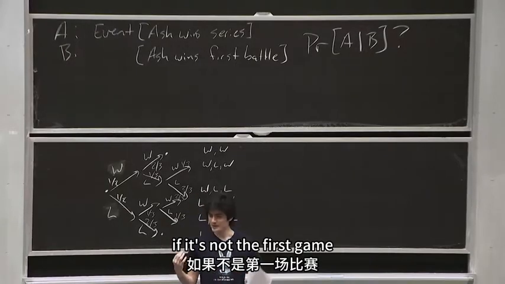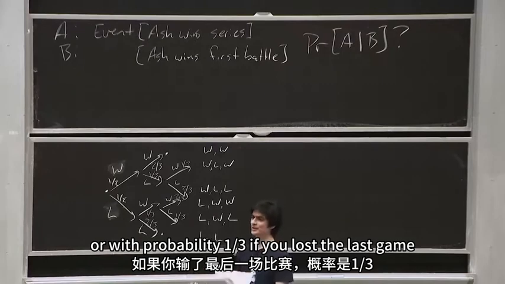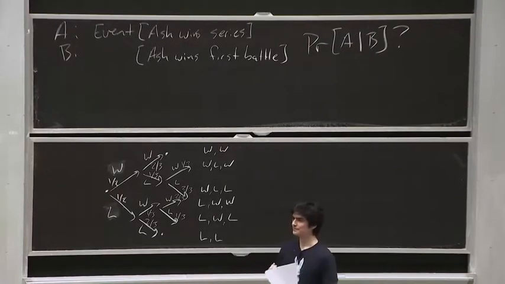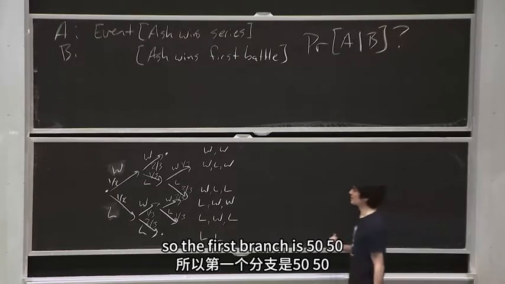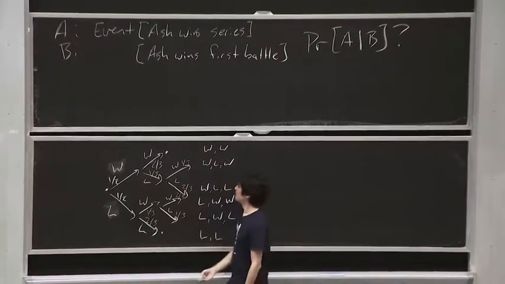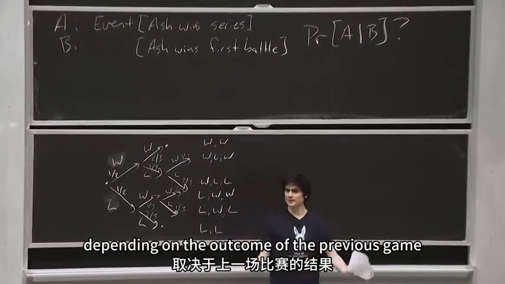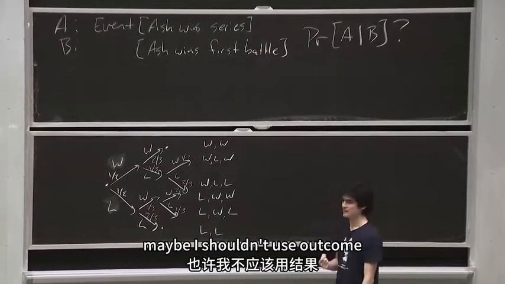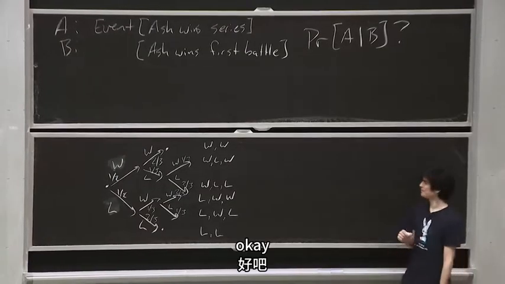If it's not the first game, you win with probability 2/3 if you won the last game, or with probability 1/3 if you lost the last game. So the first branch is 50-50, but the subsequent ones are going to be 2/3, 1/3 in one direction or the other, depending on the result of the previous game.